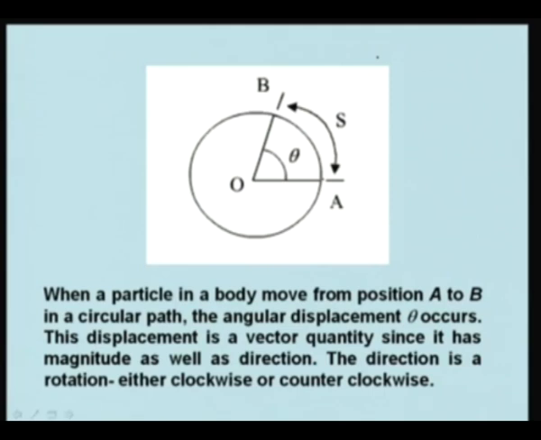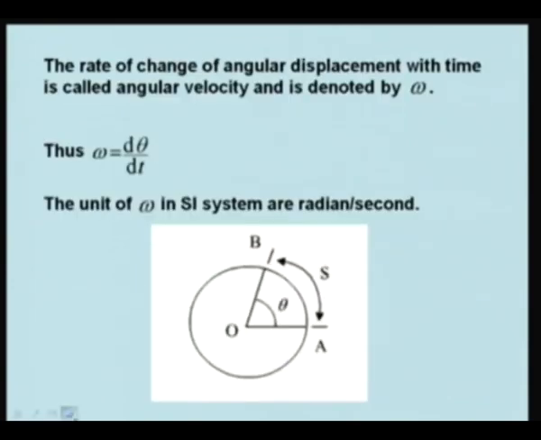The direction is a rotation either clockwise or counterclockwise, and this is the distance s traversed by the particle. The rate of change of angular displacement with time is called angular velocity and is denoted by omega.